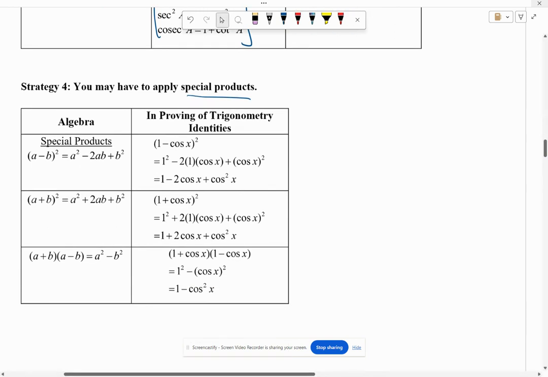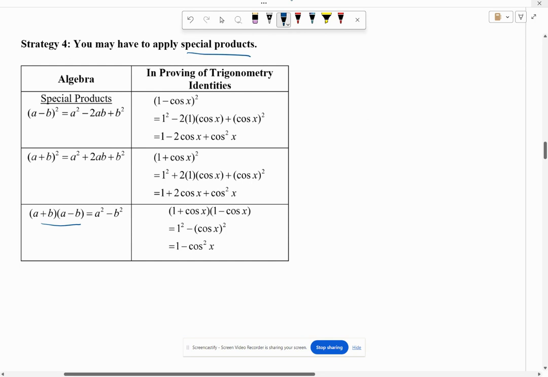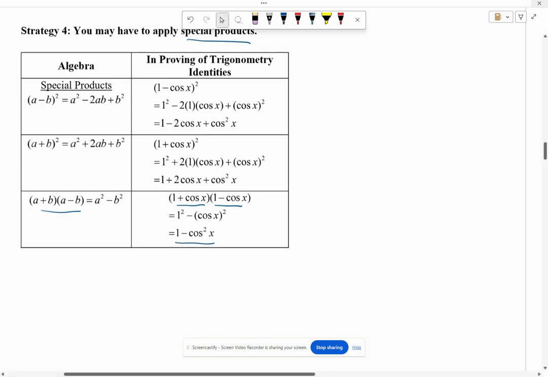So for example, let's say we have a plus b times a minus b is a square minus b square. We can apply the same way, which equals 1 plus cos x times 1 minus cos x, which is equals to 1 minus cos square x, if you apply the third algebraic identity.